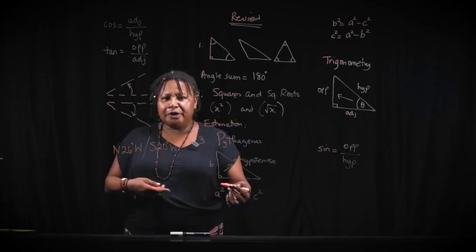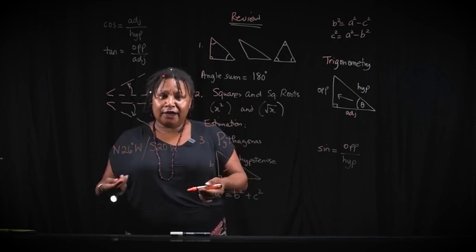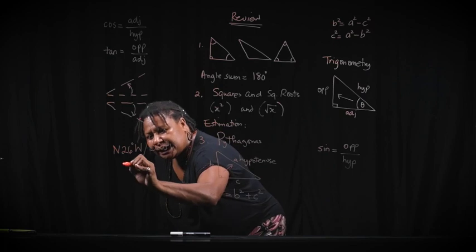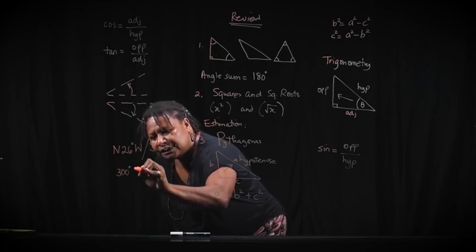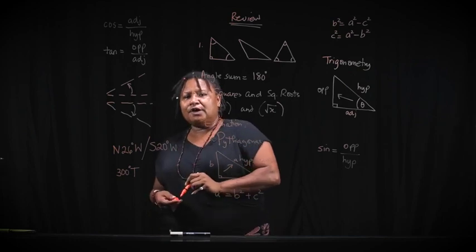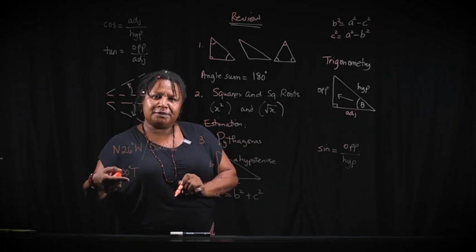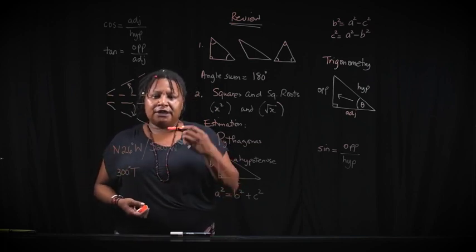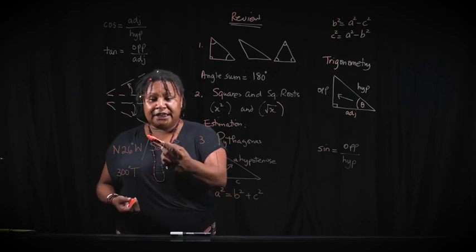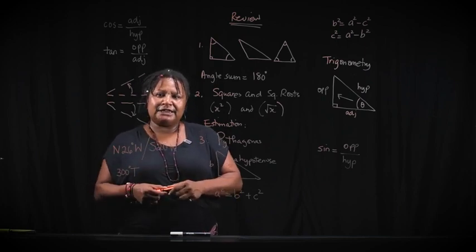Whereas a true bearing is a three-figure bearing, always using angle only. So we can have a true bearing of 300 degrees T. I hope you remember the difference between the two and how we found and gave bearings in both the methods that we looked at in our last lesson.